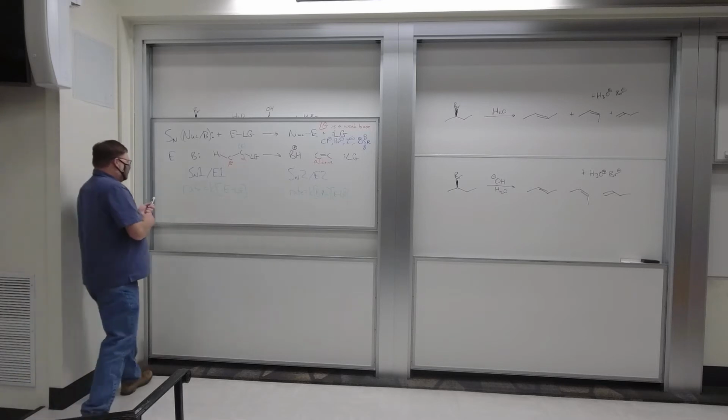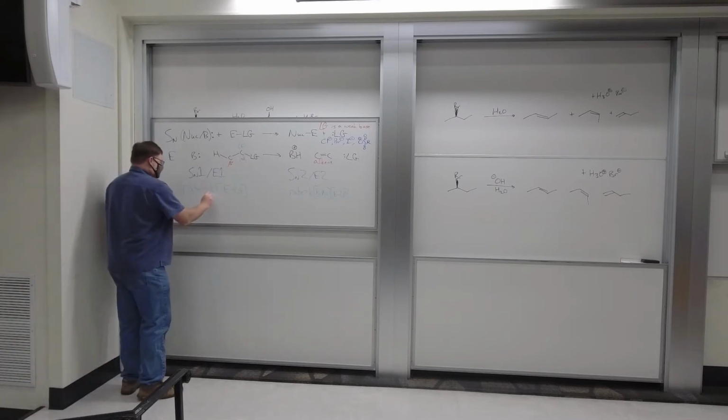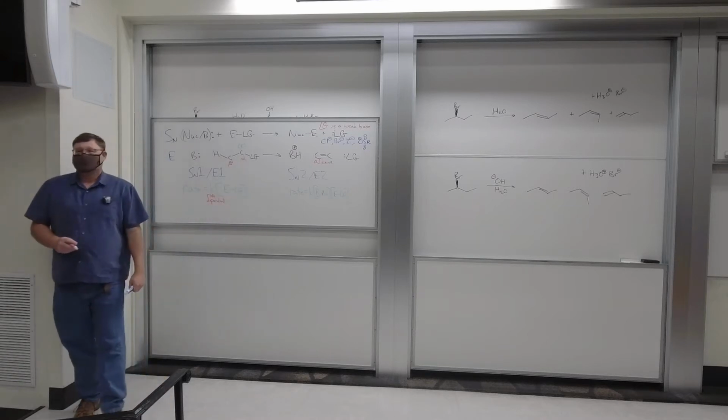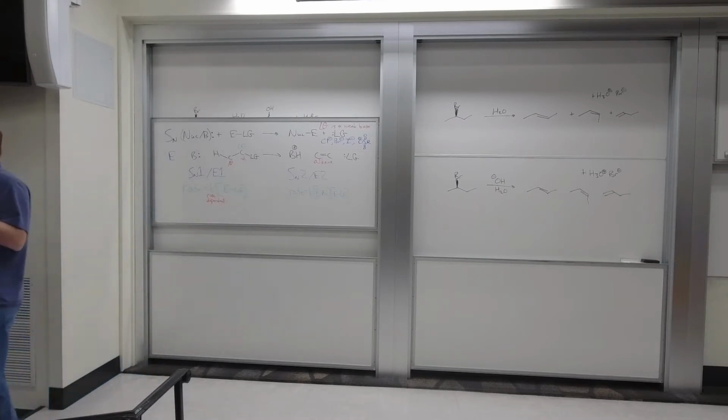This changes for every reaction. This k changes for every set of reagents. So it's a constant, but it's only a constant when the reagent is X and the other reagent is Y and the solvent is Z and the temperature is whatever, right?